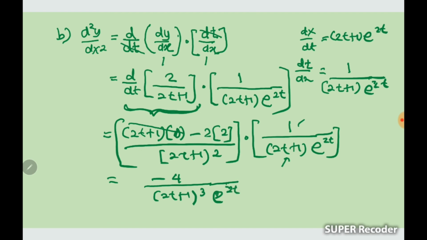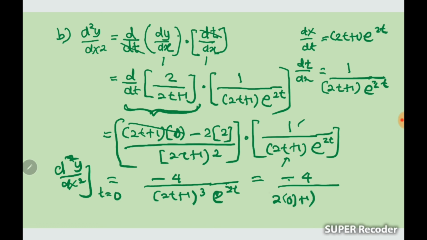Remember that the question asked to find d squared y over dx squared when t equals 0. This means you have to substitute the value of t here with 0. Therefore, the answer is negative 4 over (2 times 0 plus 1) cubed multiplied with e to the power of 0.